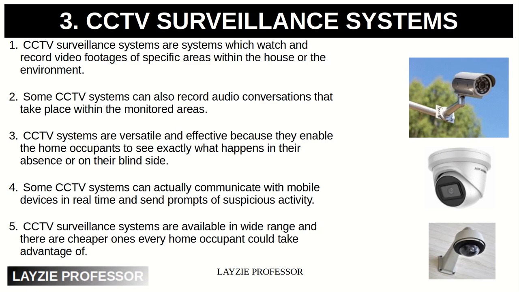I must say at this point that CCTV surveillance systems around the world have helped many institutions and home occupants to track, monitor, and safeguard the security of their installations and their homes. This is a system that no serious person who is concerned about the security of their house should go without, because considering the cost, it can actually be afforded by anyone, basically.